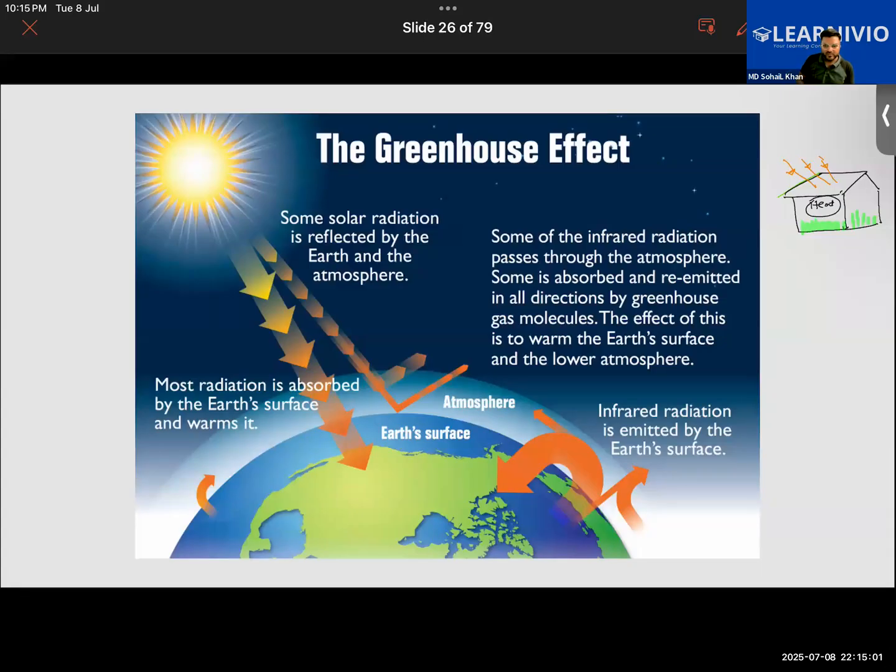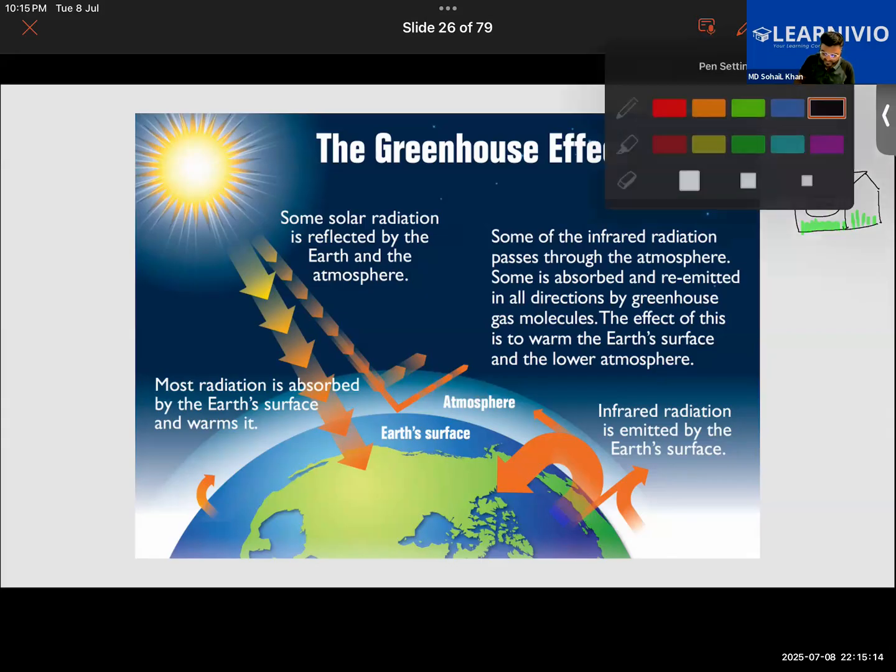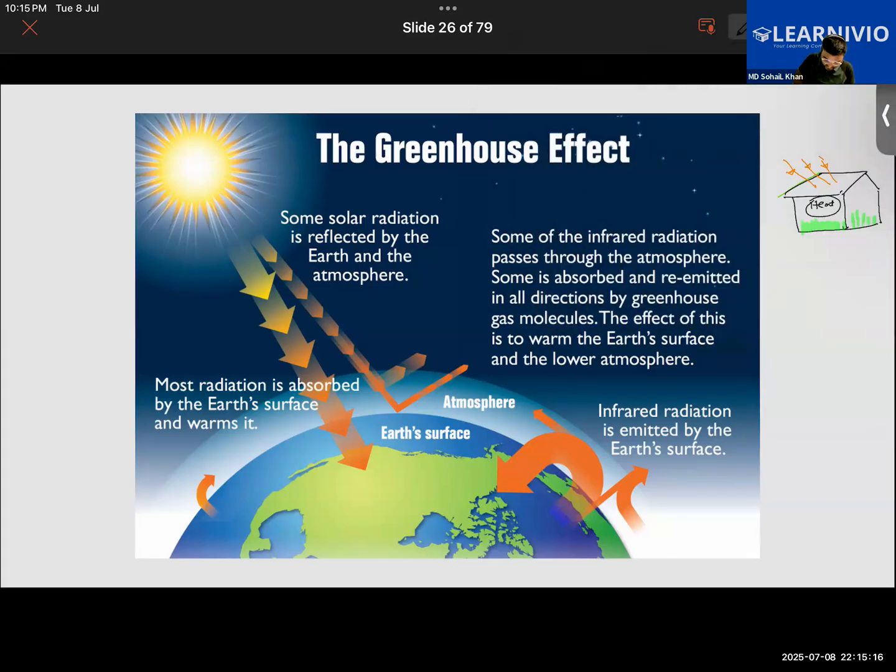So some of the infrared radiation passes through the atmosphere, while some of it will be absorbed by the greenhouse gases present in the Earth's atmosphere. There are some gases called greenhouse gases, like you have learned about carbon dioxide, methane, chlorofluorocarbons, right?